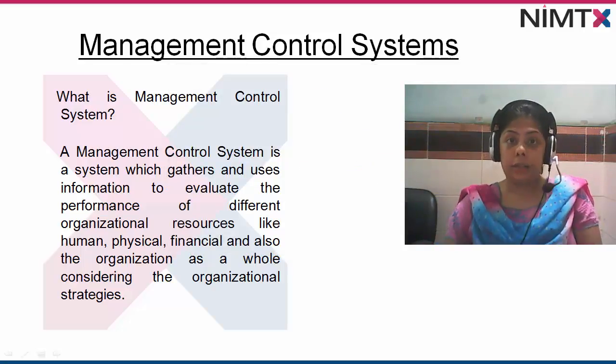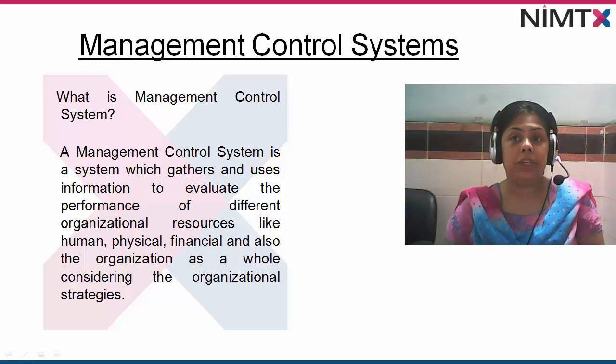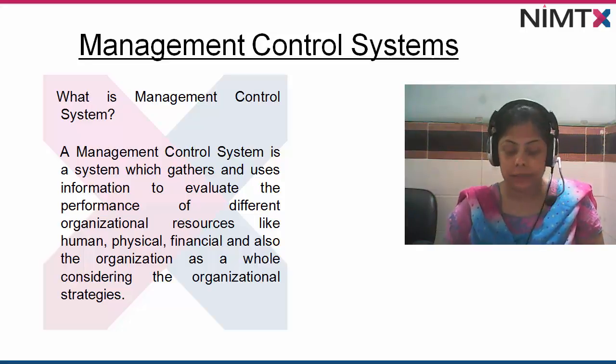So they need control systems to keep control of human, physical, and financial resources. Definitely, big companies have lots of financial assets, liquid money, so they need a control system.